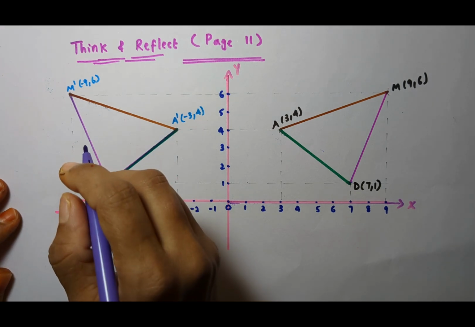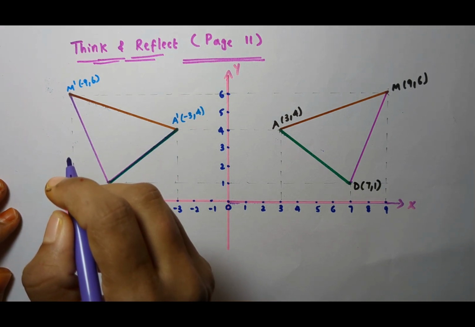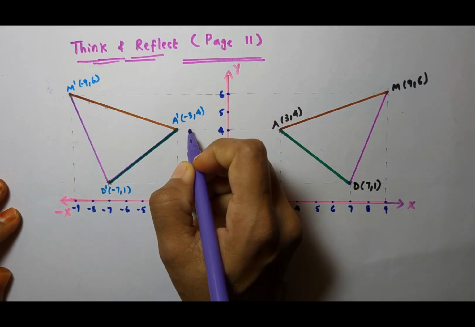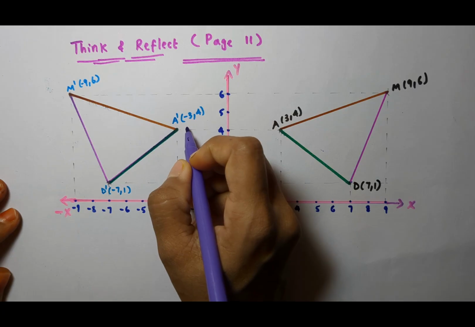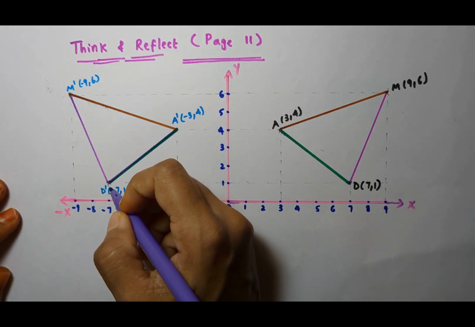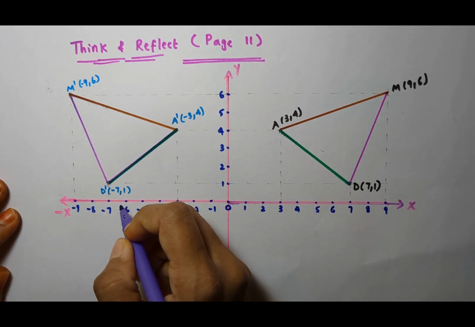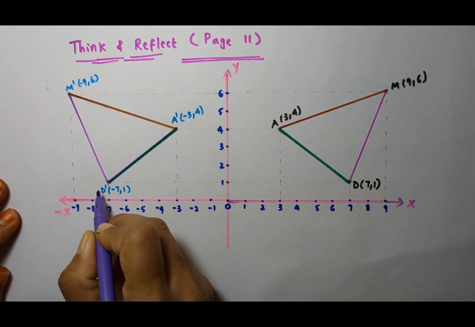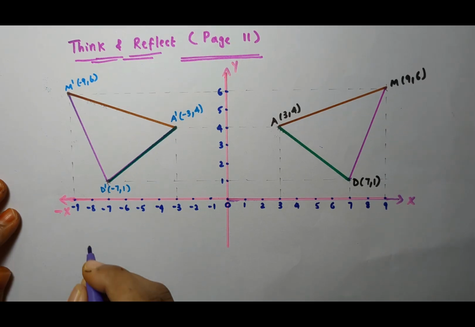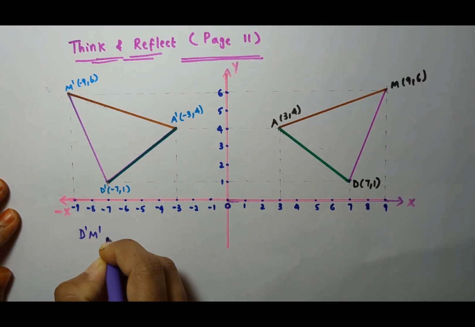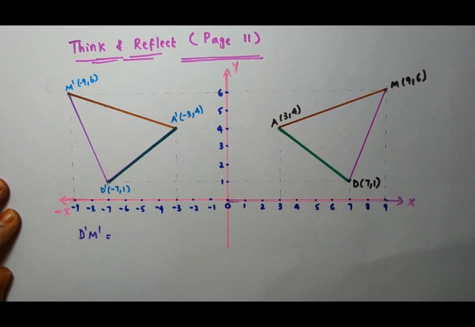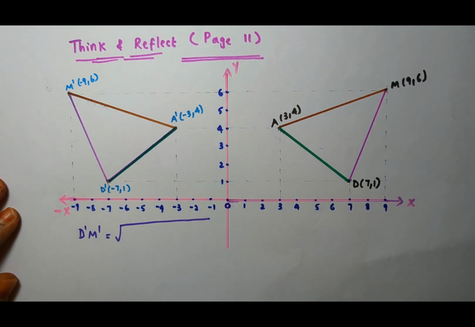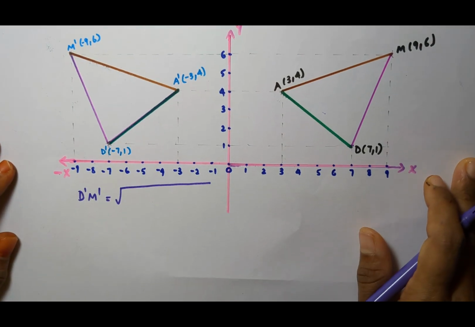Now you see the coordinates are here. Suppose we want to find out the length of each side of this triangle. If you want to find out the length of this side, that is D dash M dash, we can write D dash M dash equals, from the Bodhayana-Pythagoras theorem, square root of x2 minus x1 the whole square plus y2 minus y1 the whole square, right?